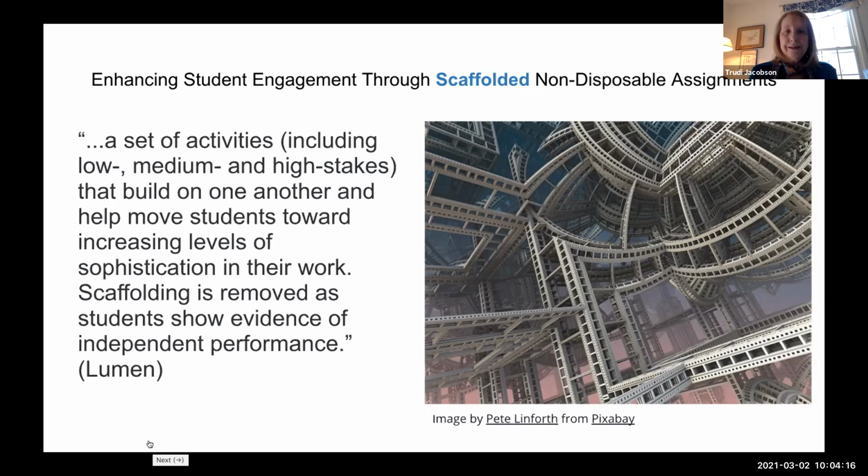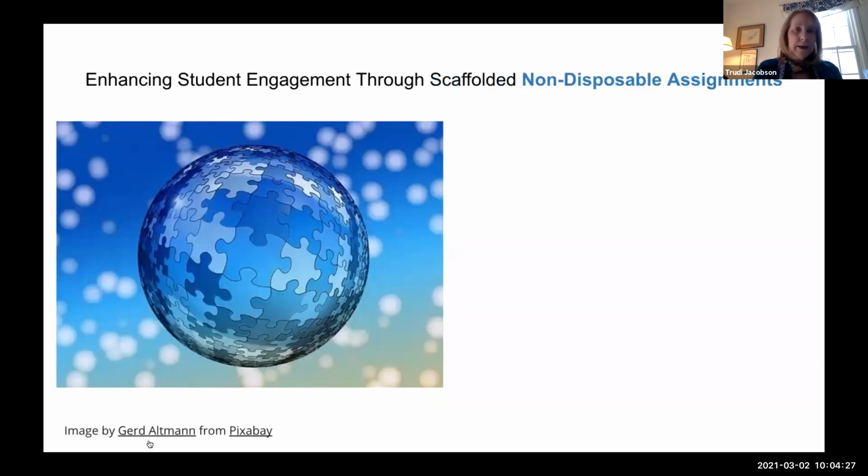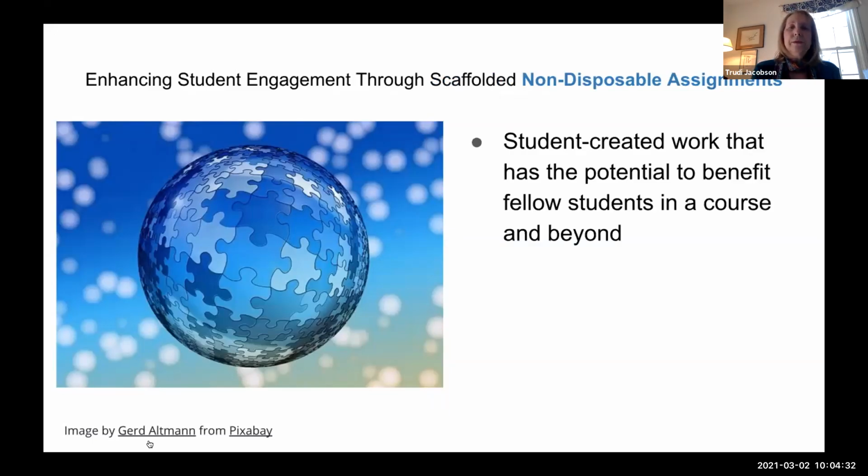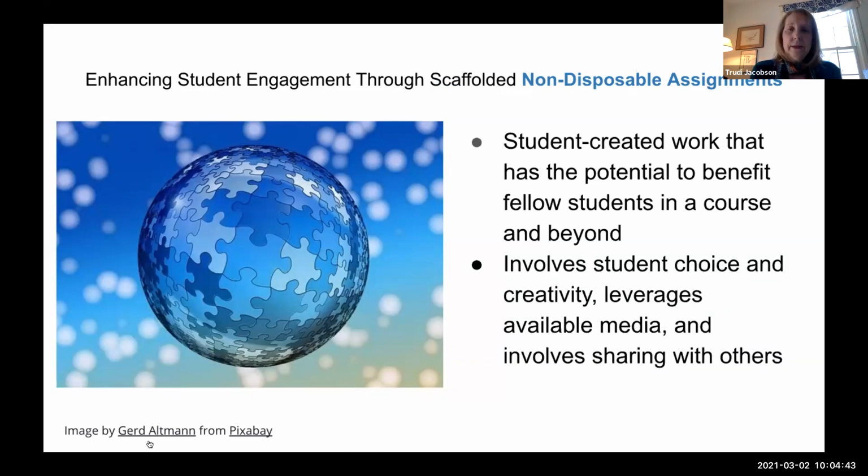And it provides that structure or support that helps them to move from level to level and to do independent work. And then the non-disposable assignments. So this is work that has the potential to benefit other students or others more generally, does not need to be students. And generally it involves student choice, creativity, it might involve different media, and it also involves definitely sharing with others.